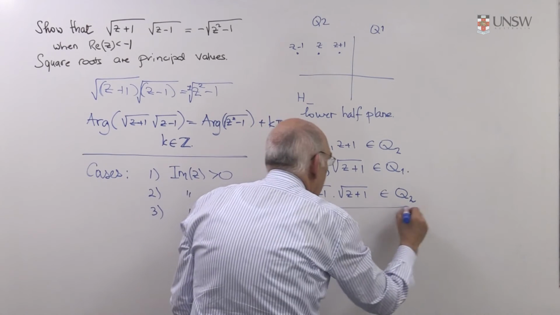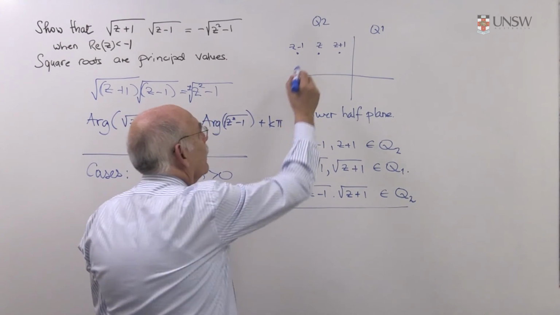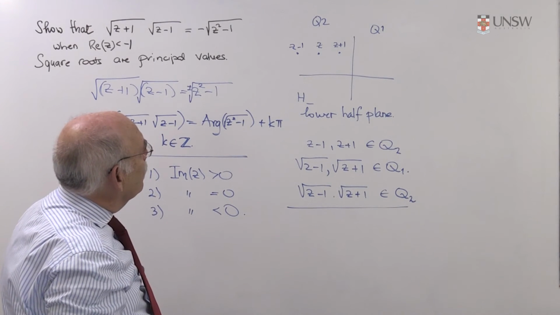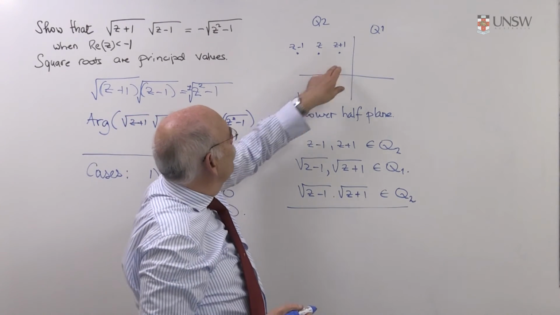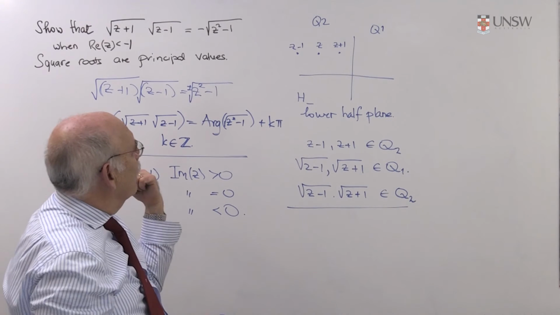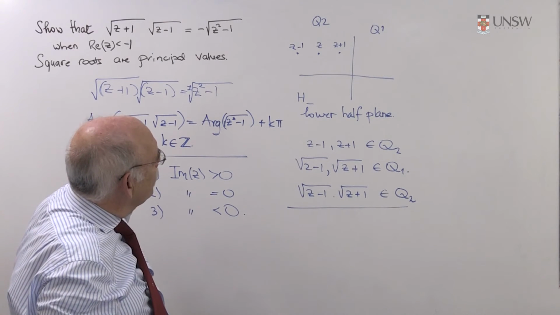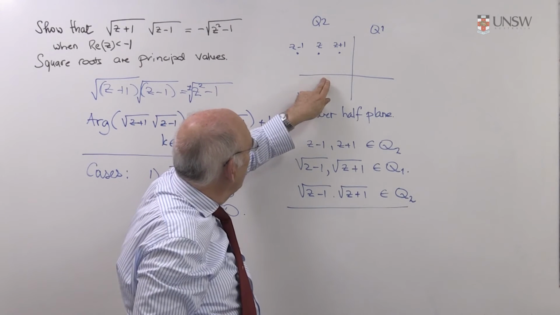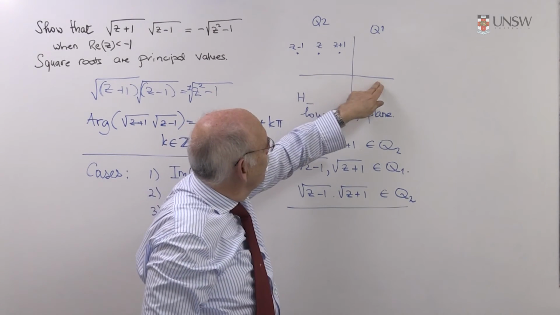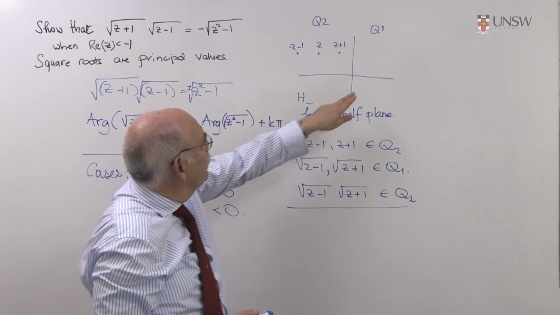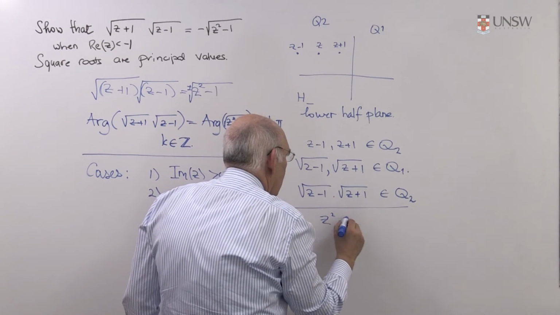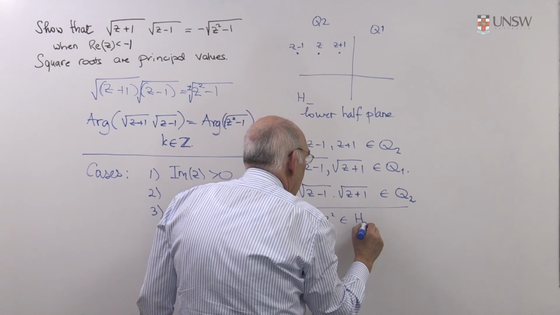On the other hand, when I take z, which is in the second quadrant, its argument is somewhere between pi by 2 and pi. When I square it, I get z squared, and its argument is somewhere between twice pi by 2, which is pi, and twice pi, which is 2 pi.